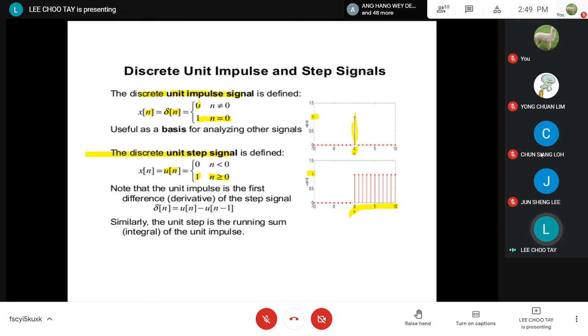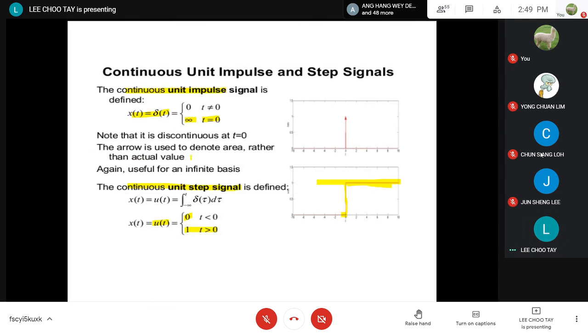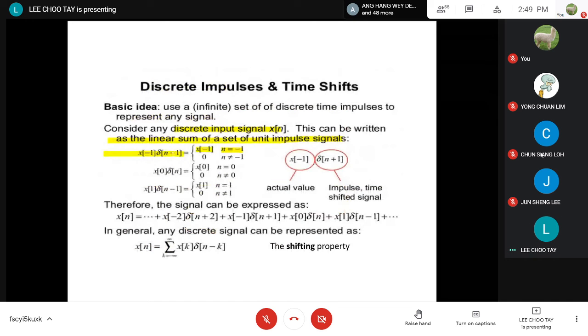So for this delta function to be 1, n has to be -1, and only then do I get x[-1].